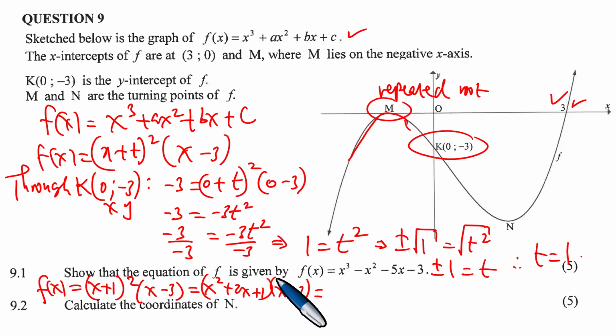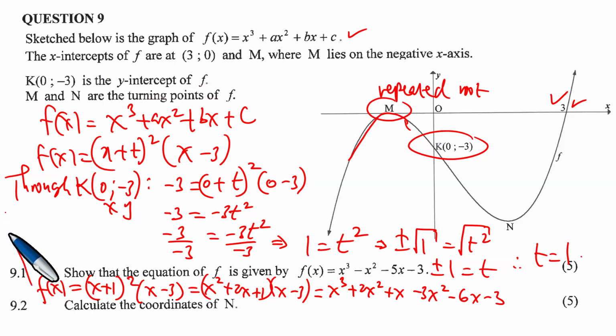You distribute, which is x cubed plus 2x squared plus x minus 3x squared minus 6x minus 3.